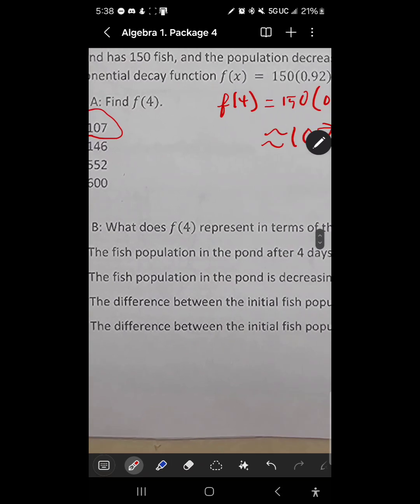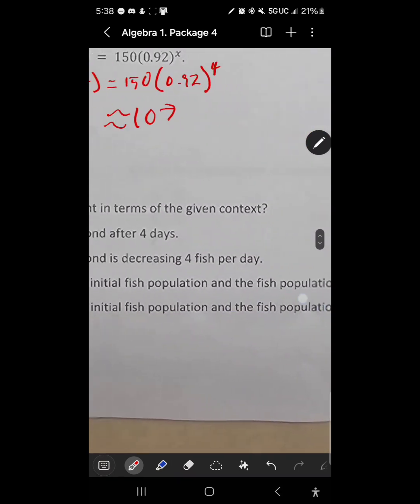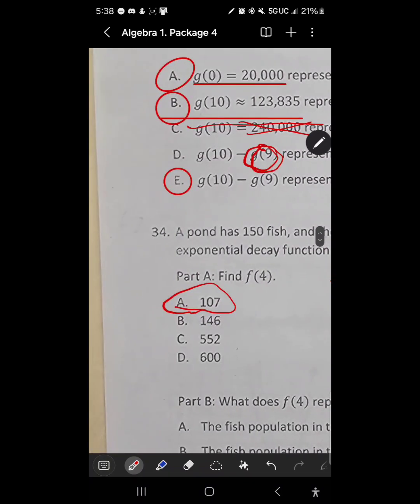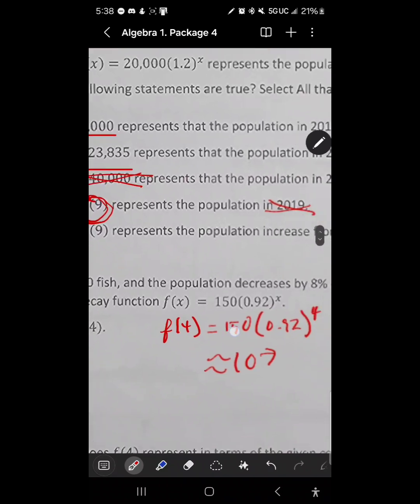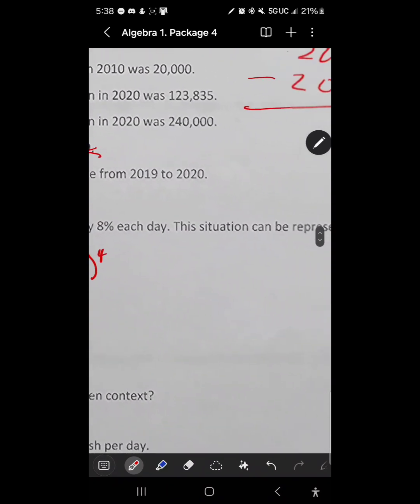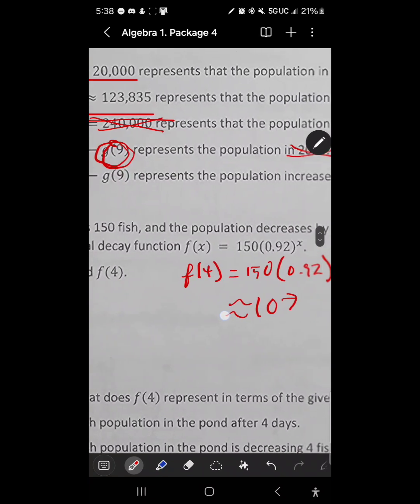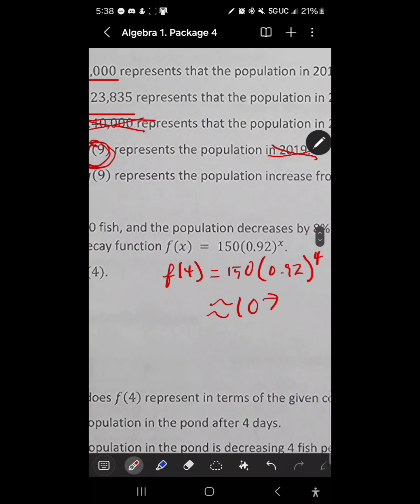But now, what does f(4) represent in terms of the given context? A pond of 150 fish, the population decreasing, the situation can be represented with the exponential decay function. This is the initial population, and this is how it is decreasing.